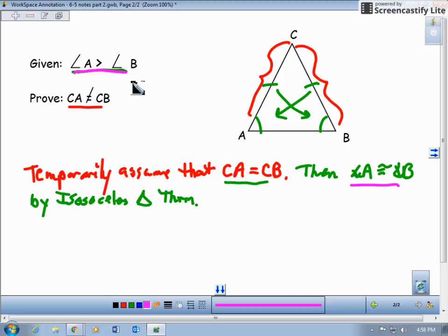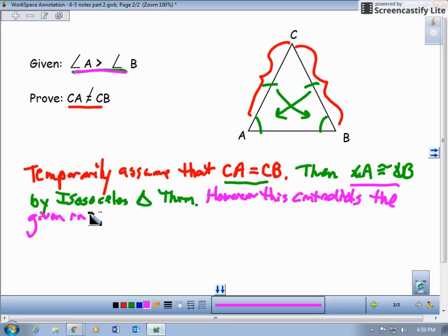You can't be congruent and be greater than. So we're going to say, however, this contradicts the given information that angle A is greater than angle B.